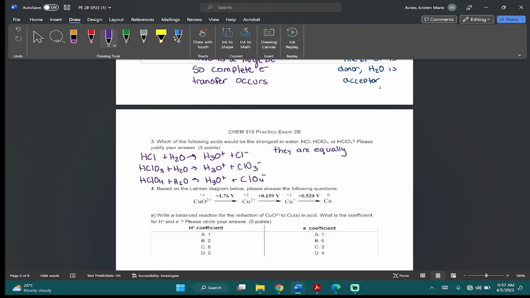So here, they're all equally strong in H2O due to the solvent leveling effect. They all produced H3O+, which is the strongest acid in solution.